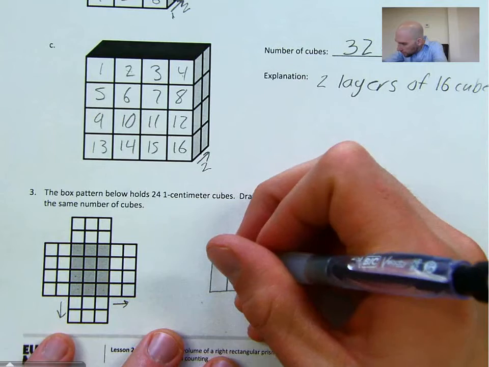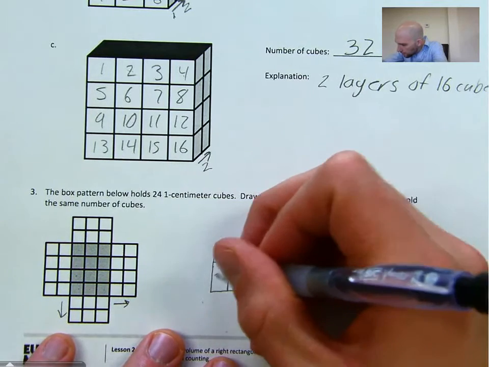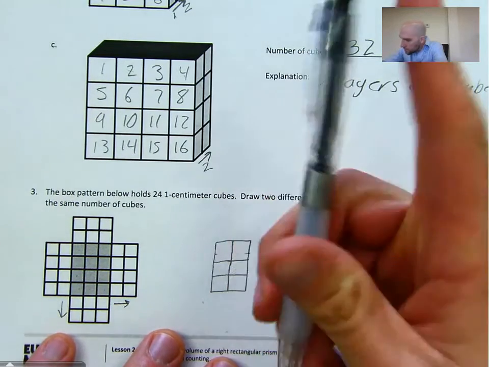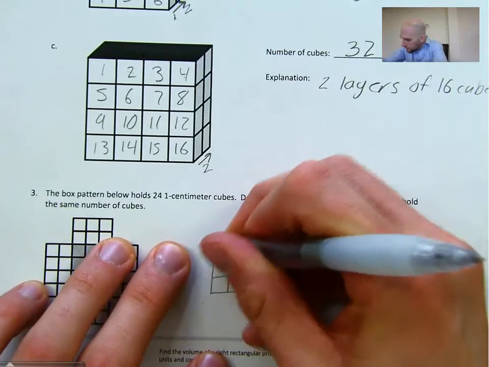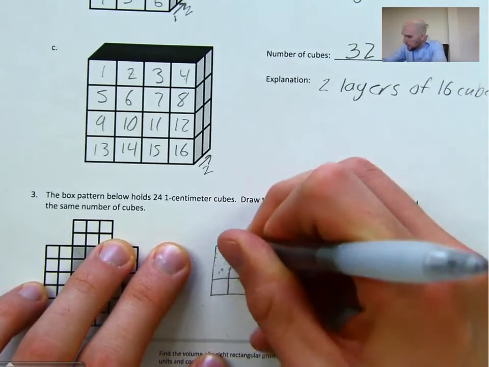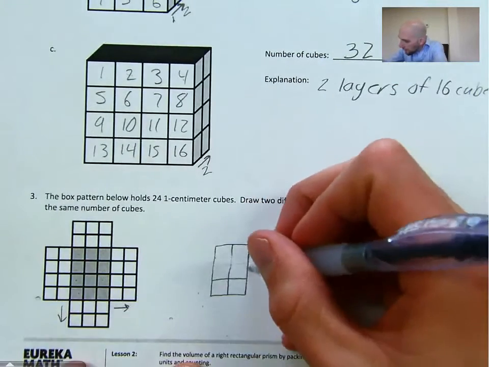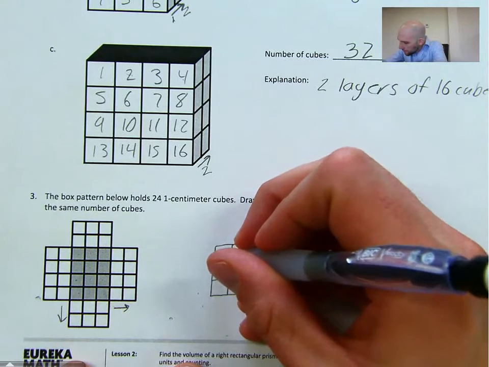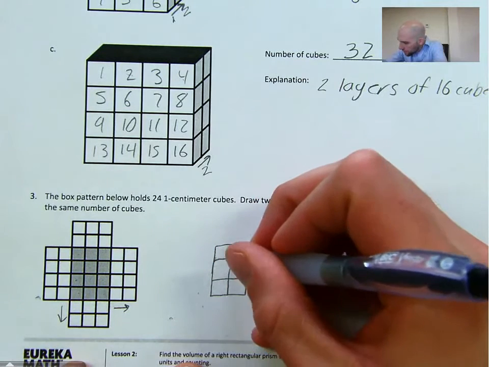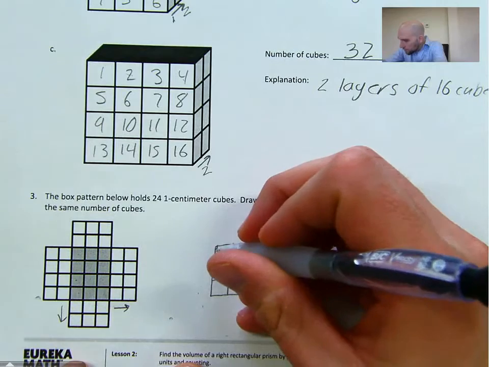Gotta make it a little bit bigger than that. I'm really dropping the ball on this drawing here. All right, it's going to be kind of right in the middle of the 2 that I drew, right there. Perfect.